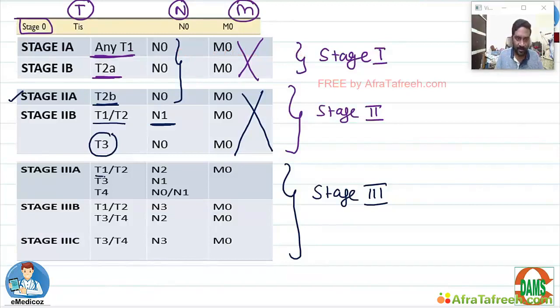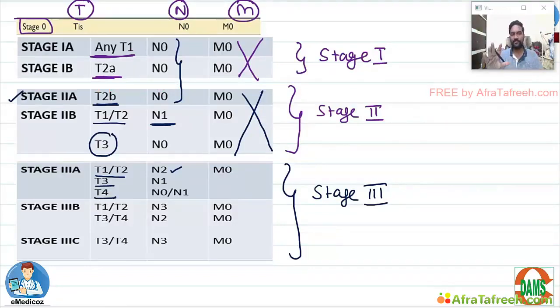So T1, T2 with N2 or T3. Now the tumor is big, T3, and even N1 has been involved. So T3, N1 will also come under stage 3A. Now the tumor is very big, T4. So if T4 is present, irrespective, even if nodes are not there also, we call it stage 3A.